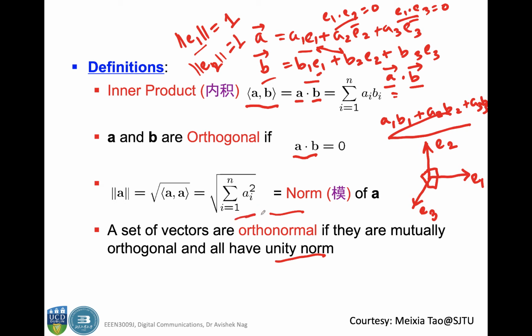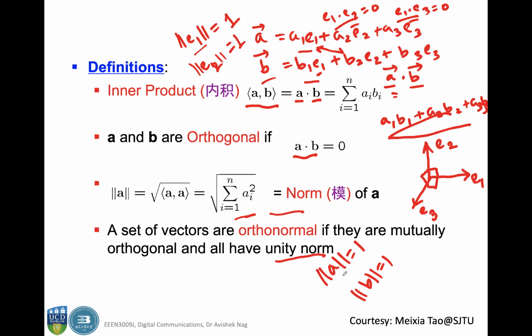So a set of vectors are orthonormal if they are mutually orthogonal. So let's say A and B are orthogonal if A dot B is 0, and if the norm of A is 1 and the norm of B is also 1, then A and B are also orthonormal.